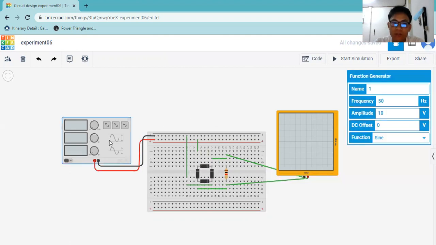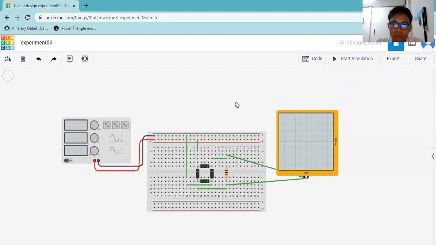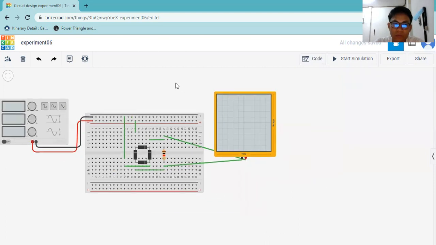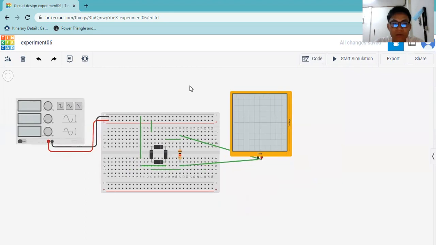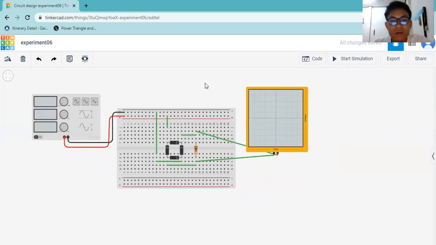So we have the control setting here, 50 hertz of the frequency and the amplitude of 10, and offset is 0, and this one is sine. So this now circuit, we can analyze that.